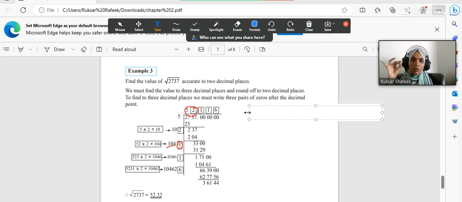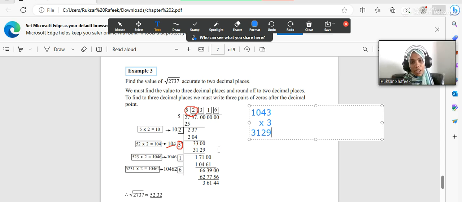So I can check that out by multiplying 1,043 by 3 itself. So 3 times 3 is 9, 3 times 4 is 12, 1 remainder, 1 comes down, and 3 times 1 is 3. So 3129. Still less than 3300.